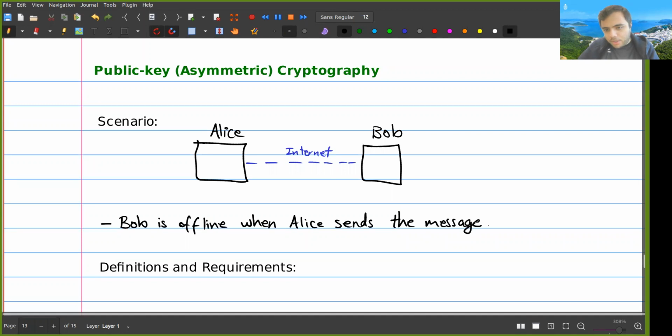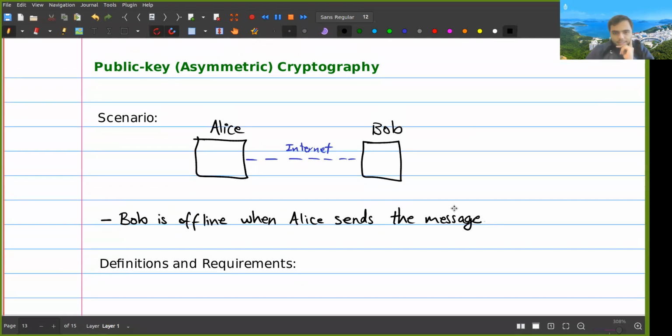If you think about how you work with your email, for example, you were online at some point when you created your email account, and then people can send you emails and you don't see them, but you will become online at some other point, and then you should be able to read the emails. So the assumption of Bob being offline only applies to the period where Alice is sending the message. So the idea is that Alice cannot ask Bob to cooperate when Alice is sending the message. Okay?